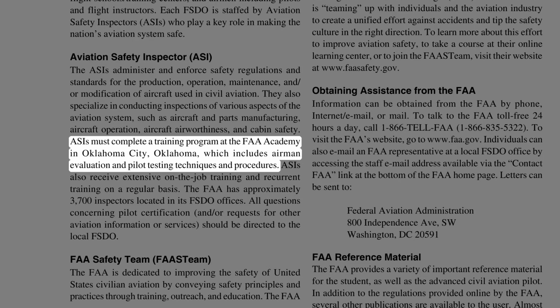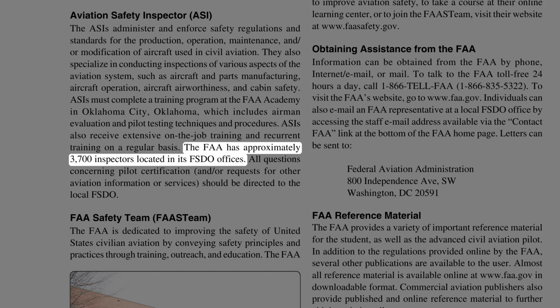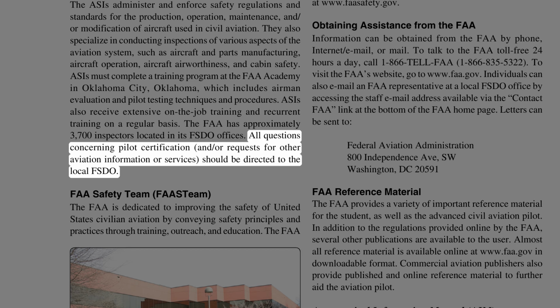ASIs must complete a training program at the FAA Academy in Oklahoma City, Oklahoma, which includes airman evaluation and pilot testing techniques and procedures. ASIs also receive extensive on-the-job training and recurrent training on a regular basis. The FAA has approximately 3,700 inspectors located in its FSDO offices. All questions concerning pilot certification and/or requests for other aviation information or services should be directed to the local FSDO.